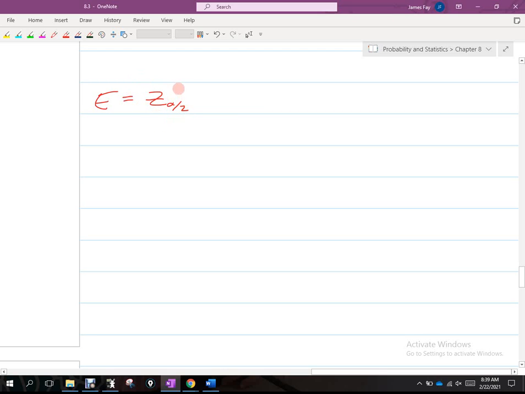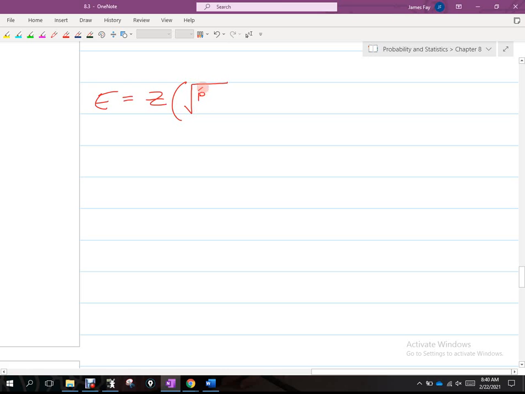In all actuality, the alpha over 2 is just a subscript for identifying what it stands for. Does that make sense? We don't do any algebra with that alpha over 2 within these formulas. So if you just want to write it as z, that's fine. And that actually makes writing these formulas and doing the algebra a little bit easier. So I'm just going to write it as z.